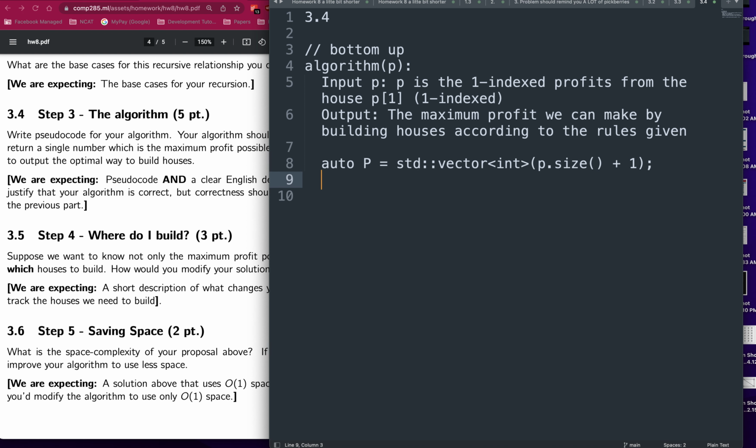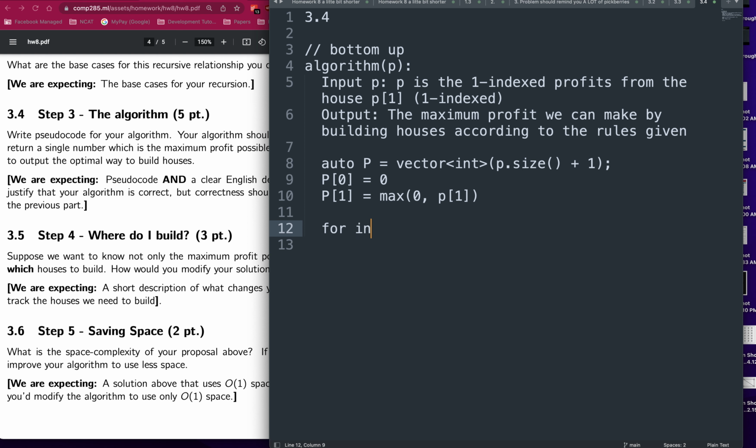That's going to be our capital P that we were talking about. Then we have our base cases: P0 is 0, and P1 is the max of 0 and P1. Let's just call max, not use standard, whatever. You get what I'm trying to do, right? And then we fill it in from the bottom. If you did it the other way, you would fill it in from the end going backwards.